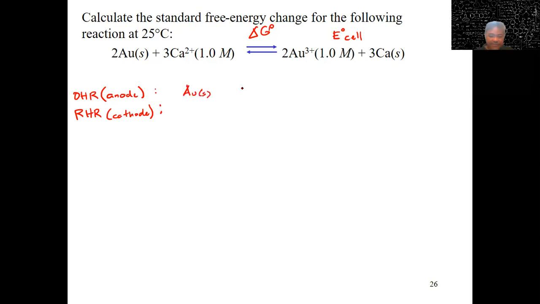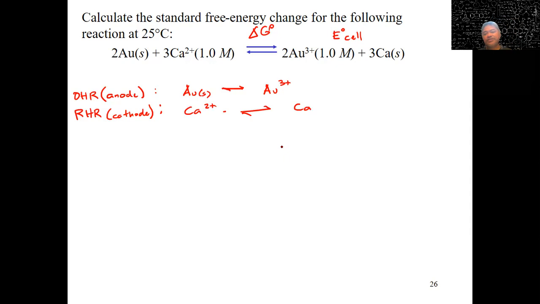At least at this time, you'll be able to identify which one is oxidized and which one is reduced. Because you might have a question like, given this equation, which of the following is oxidized, which of the following is reduced. Those are the easy questions that you should be sure about. And if gold is the one that is oxidized, you can assume that the calcium is the one being reduced. Okay?